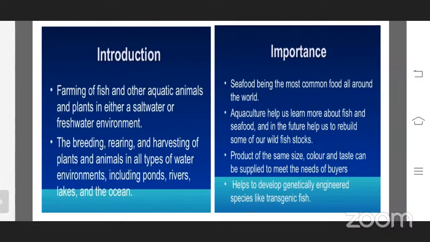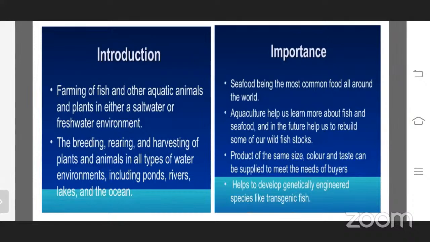Product of the same size, color, and taste can be supplied to meet the needs of buyers, meaning depending on the demand for food. It also helps to develop genetically engineered species. GES means genetically engineered species, like transgenic fishes.